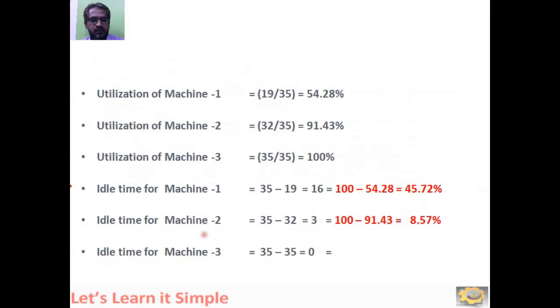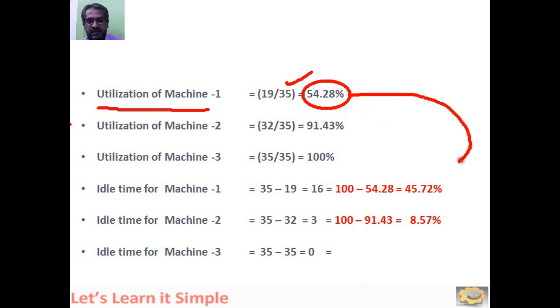So, if you calculate the utilization of machine 1, the total time required to complete, or I can say the makespan, is 35, because by 35 time units we are able to complete all the 3 jobs. Therefore utilization of machine 1 is 19 by 35, which amounts to 54.28%. Also, we can calculate the idleness of machine 1.